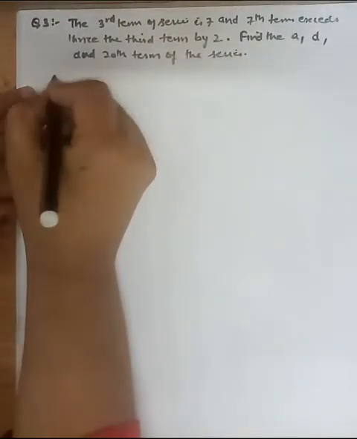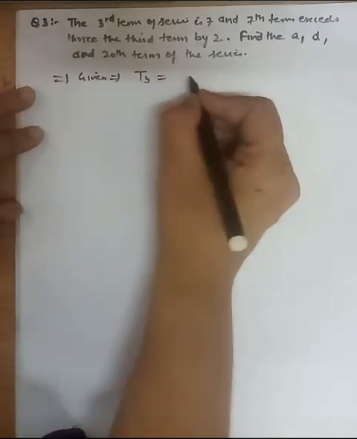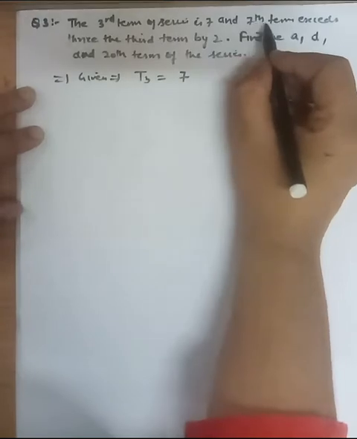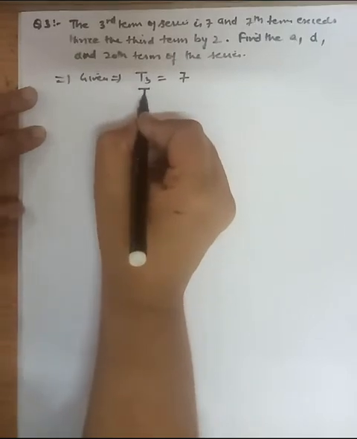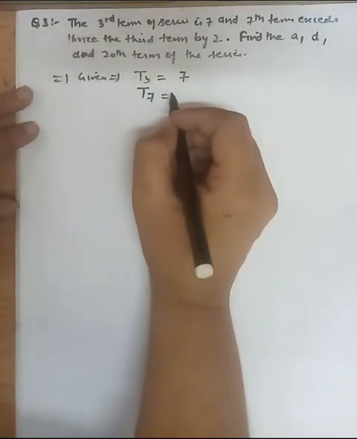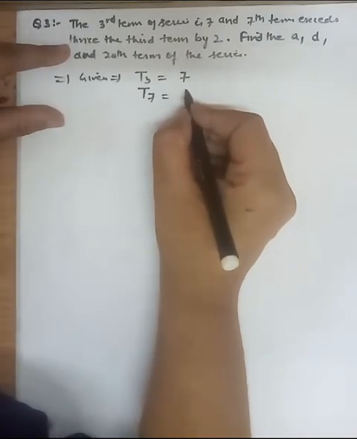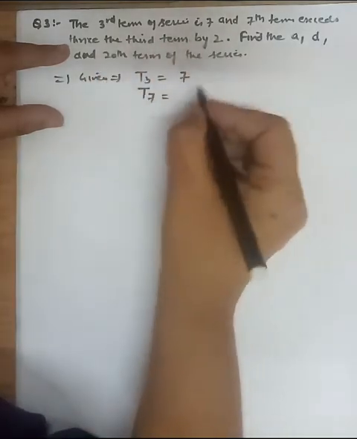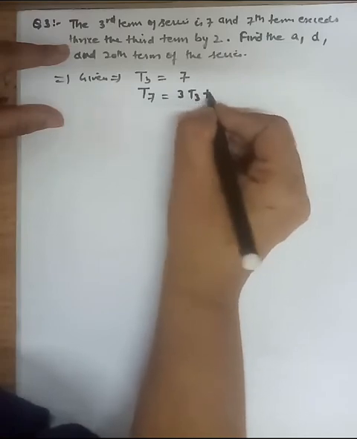First we write what is given in the question. T3 is 7, and for the 7th term there is a condition: the 7th term exceeds thrice the third term by 2. It means T7 equals 3 times T3 plus 2.